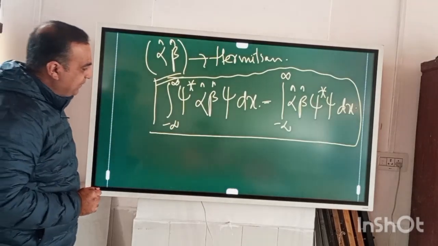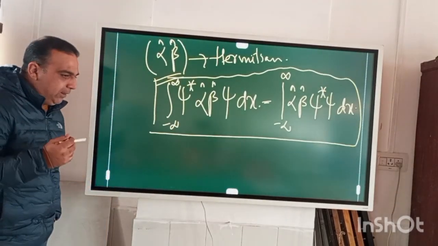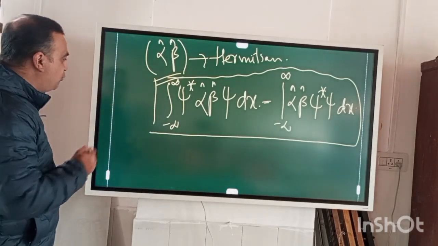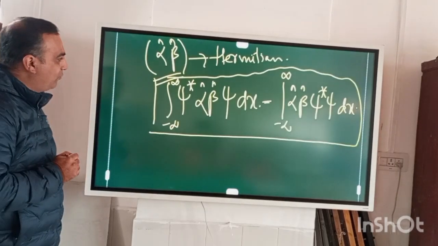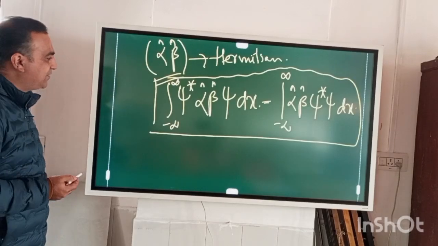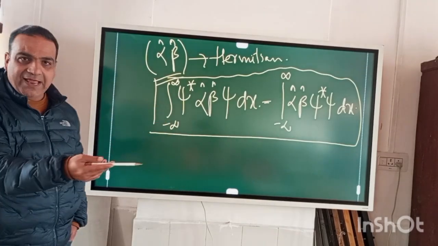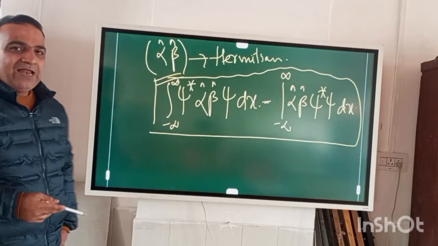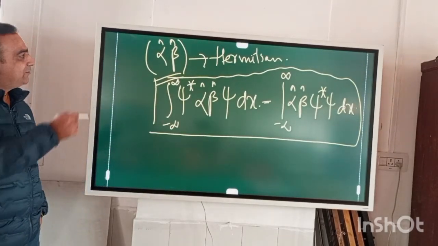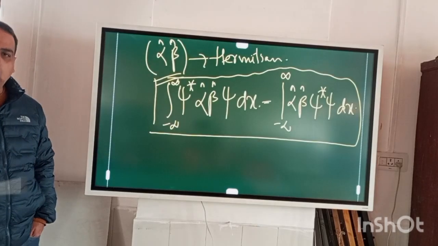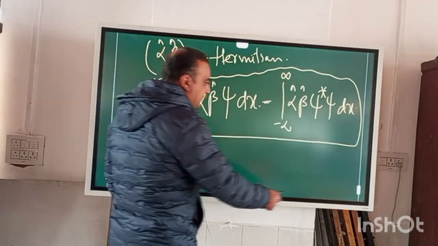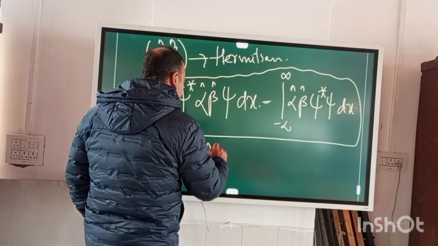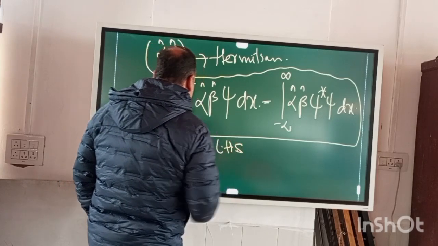So that's our target. In proving this, I would like to choose the left-hand side of this equation. This is the traditional way of doing these things. So if I obtain the right-hand side by evaluating the left-hand side, then automatically I'll be in a position to declare that the product of these two Hermitian operators is also Hermitian. So what should I do? I'm taking my left-hand side. So what's that?